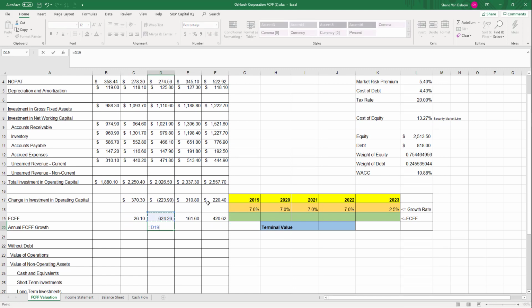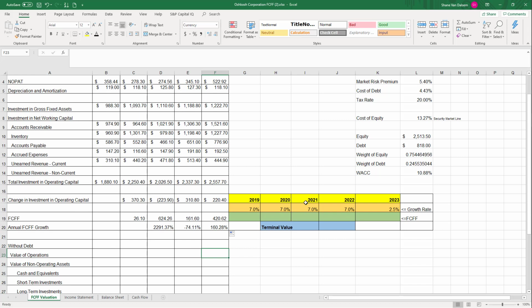Our growth rates are 2,291% in 2016. In 2017, it dropped by 74.11%, and then in 2018, it increased by 160%. So certainly, had some different things going on there.